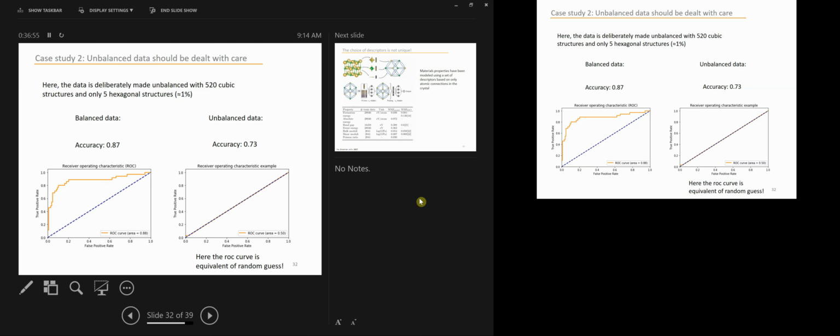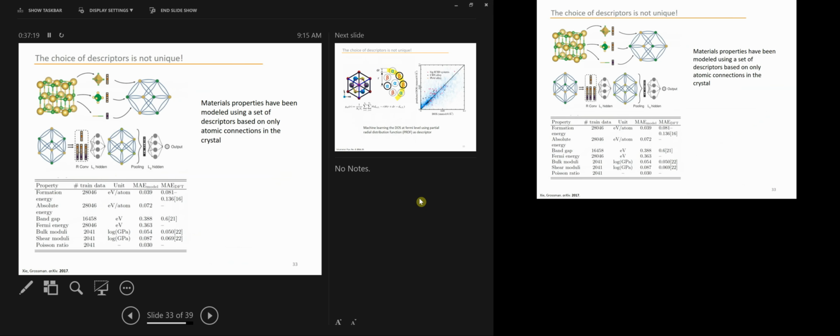So, because the model sees cubic structures most of the time, it tends to predict everything to be cubic. And we have a falsely high accuracy, but in fact, the performance of the model is no better than any lucky guess. So it's important to be able to accurately evaluate the performance of the model and not just look at accuracy.